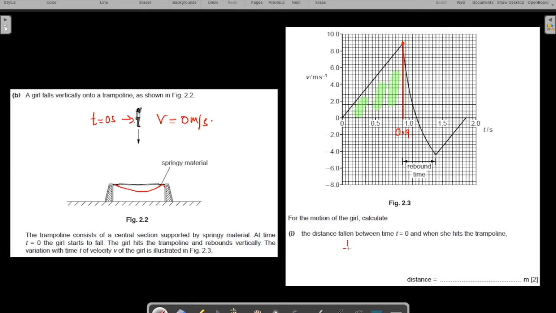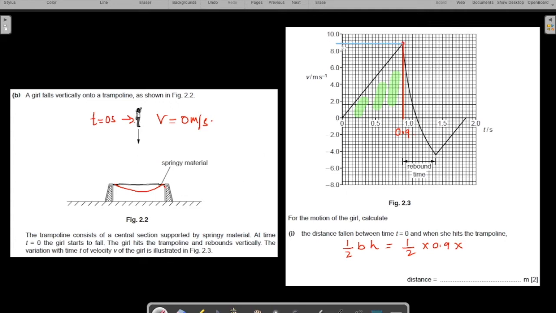So the area of the triangle is half times base into height. So half times how much is the base? 0.9, times the height. How much is the height? Let us calculate the height. You need to do some calculations here as well. This is your height.